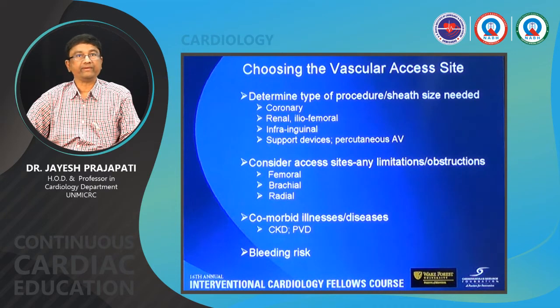But whenever we take an access, we have to keep in mind the length of our devices. There are some limitations, like some balloons cannot reach from the right radial even to the femoral or popliteal interventions, where we have to take a long shaft balloon.